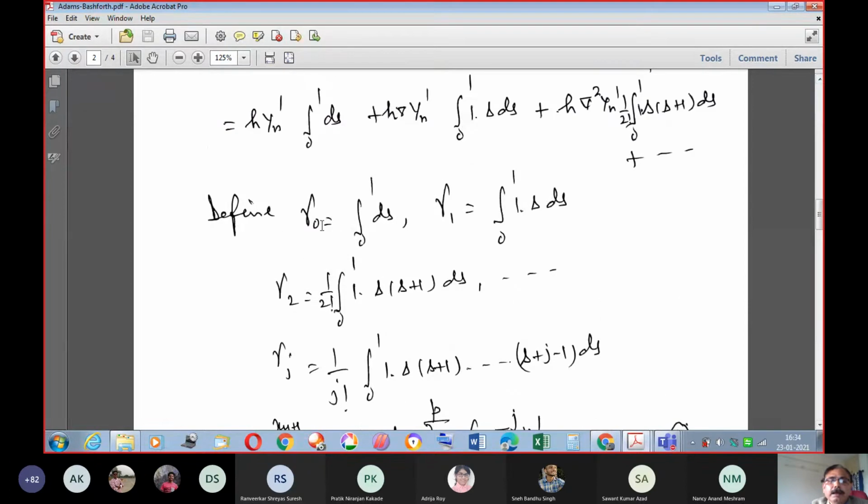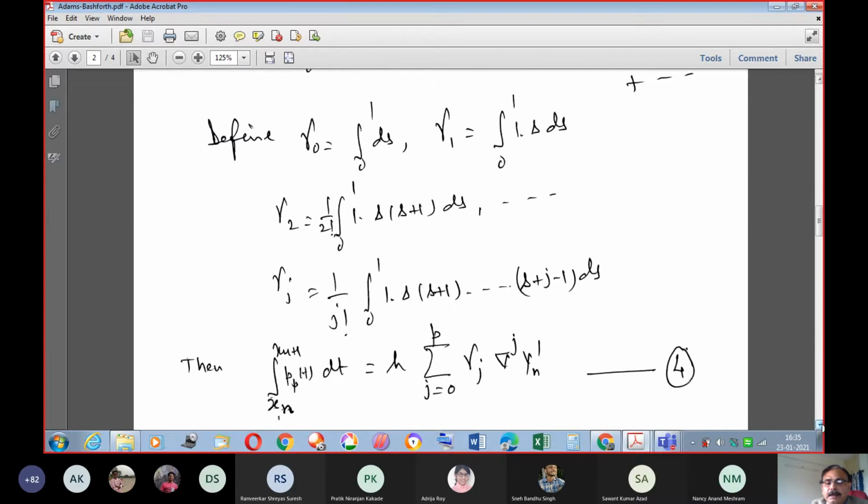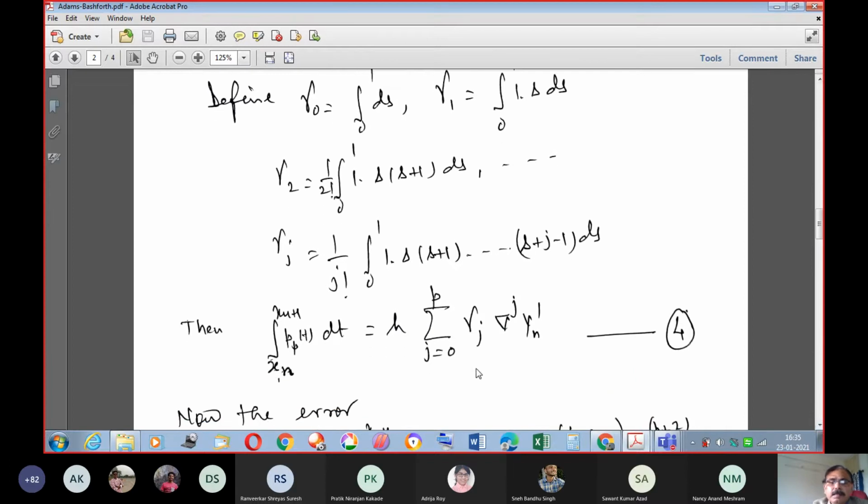this is your gamma naught, h into gamma naught yn prime, h backward operator del y prime, this is your gamma 1, and so on. Here it is gamma 2, so like that. So it can be written as h summation j equal to 0 to p, gamma j del to power j yn prime.